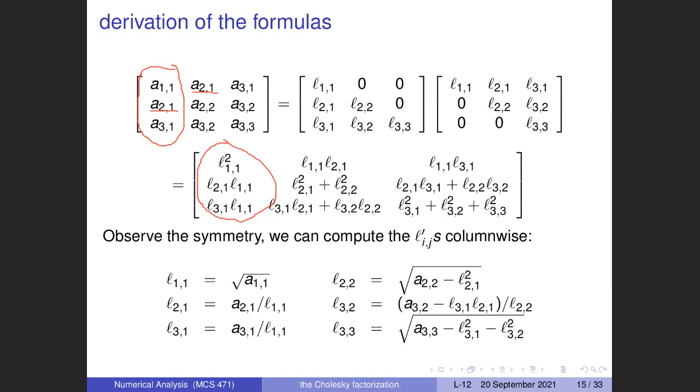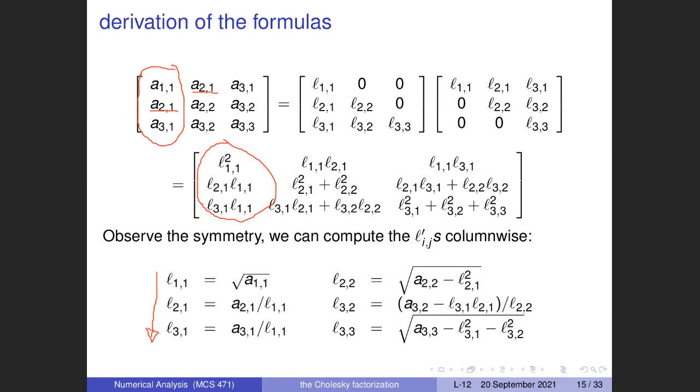If we go in the right order, first element first, then we know L11, and we can use it to compute L2,1 and L3,1. We need a square root. The square root of negative numbers would give complex numbers, but we will not have complex numbers because our matrix is positive semi-definite. So that's the first column.